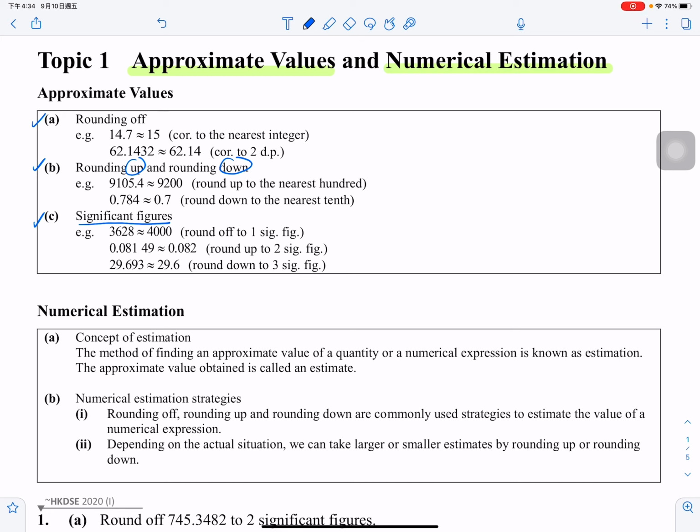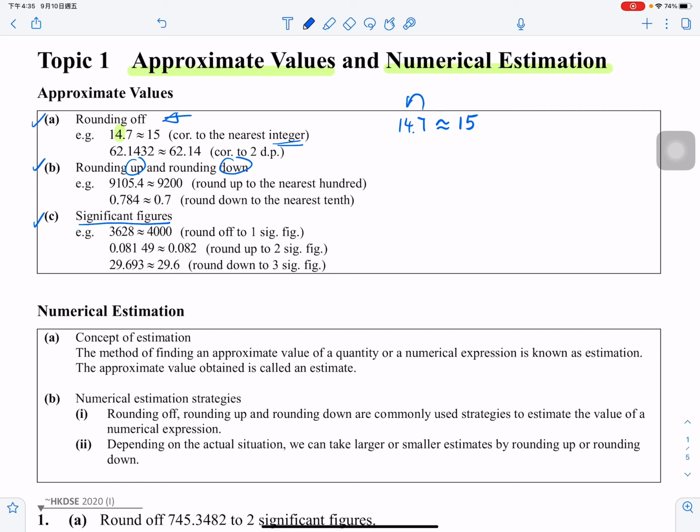Rounding off you've learned in primary school, so it's very easy. For example, if we round correct to the nearest integer, that means we focus on this one integer digit, and check 14.4: is it greater than or equal to 5? Then we'll write it as 15.